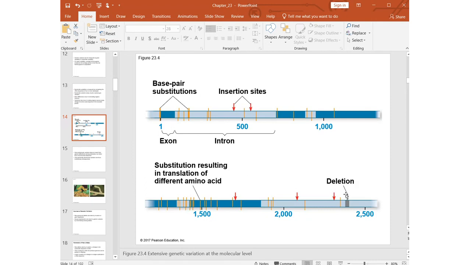And here, along that intron, there's been a deletion of a certain number of base pairs. And here's been a substitution, substituting one base for another base. For example, maybe an A has been substituted for a T, or an A for a C or a G. So that's what they mean by substitution.